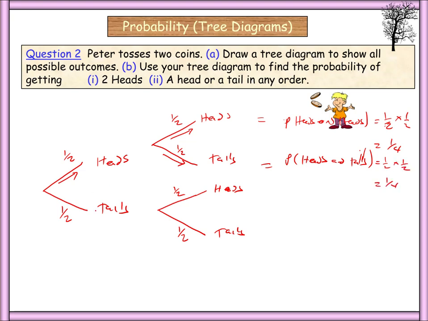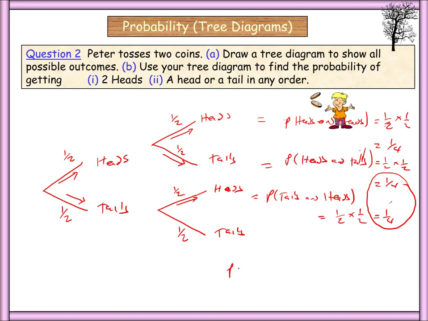But you can also go tails and then heads. So you can go that way because it's in any order. Heads or tails or heads. So that's equal to probability of tails and heads. That's equal to a half times a half, which is a quarter. So a head and a tail in any order, which means I've got to add these 2 together.